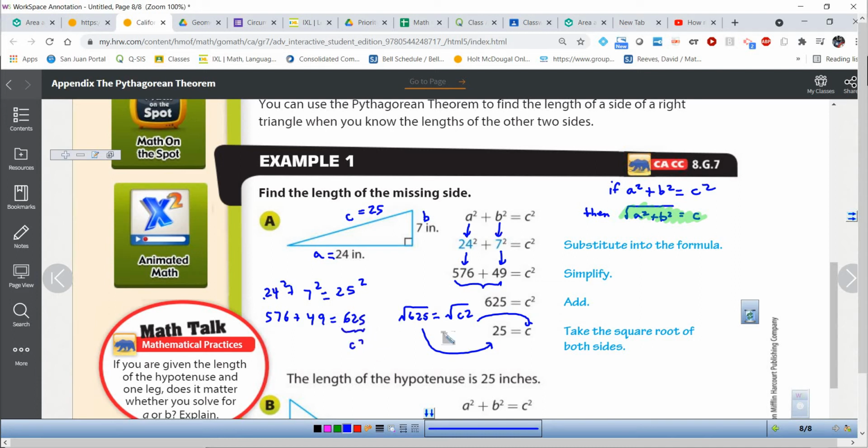That's c squared. We were looking for c, so we have to take that square root. So we're using this right here. C is the square root of a squared plus b squared.